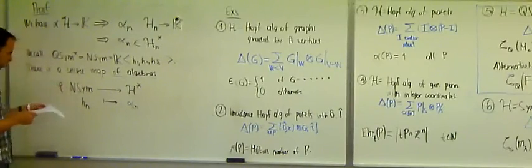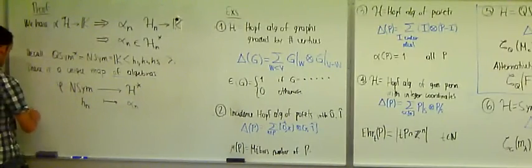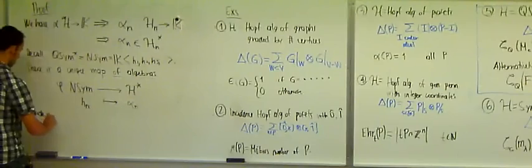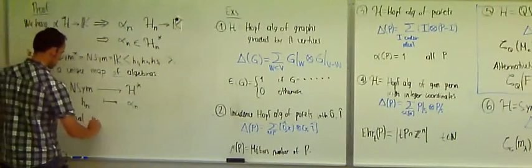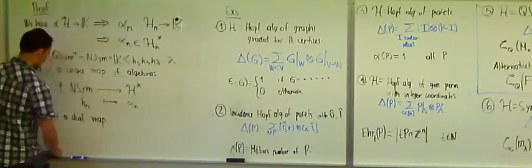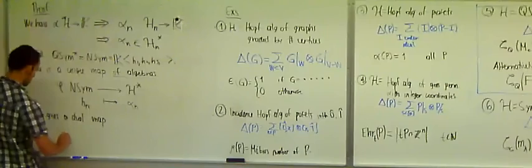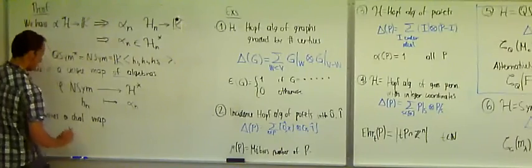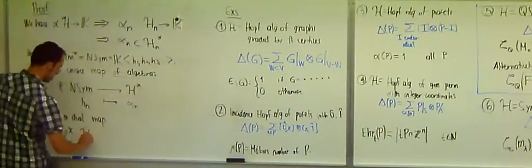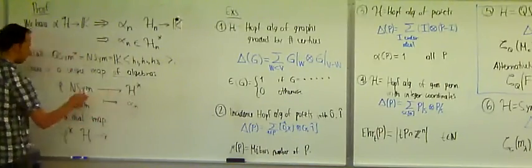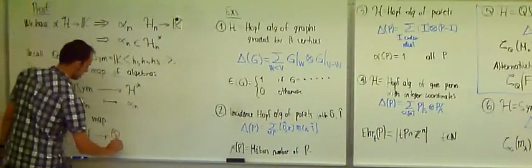Okay. And this gives me a dual map from the dual of this guy, which is H, to the dual of this guy, which is QSYM.